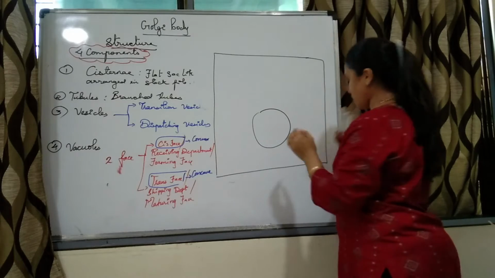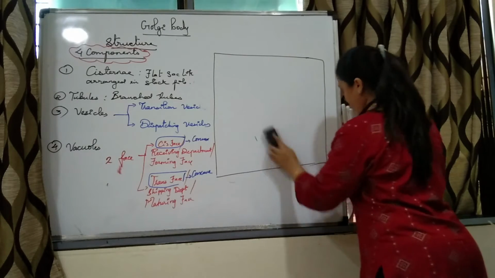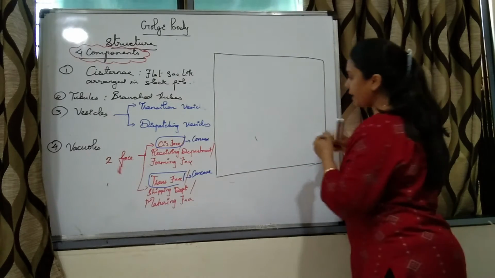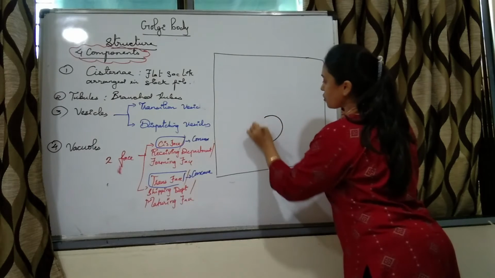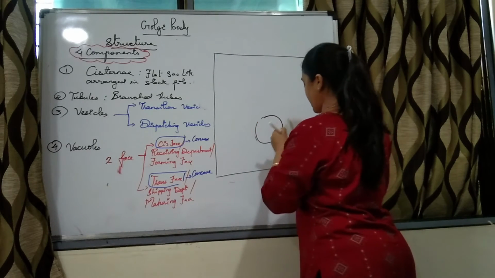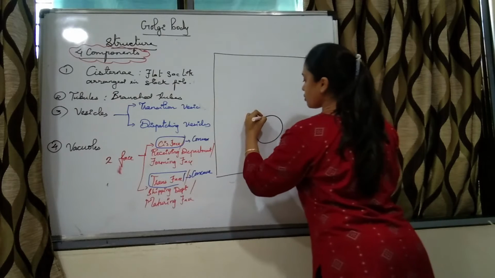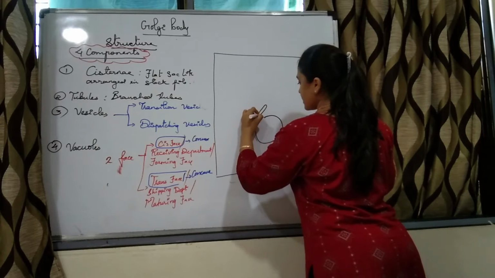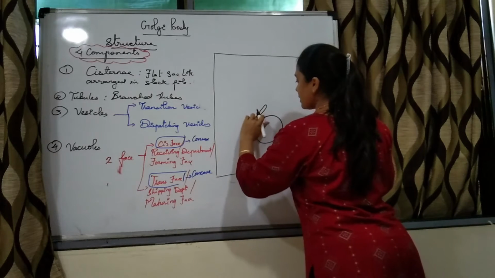So this is the nucleus of the cell. Right? So say this is the nucleus of the cell and here is the endoplasmic reticulum. So this is the endoplasmic reticulum.